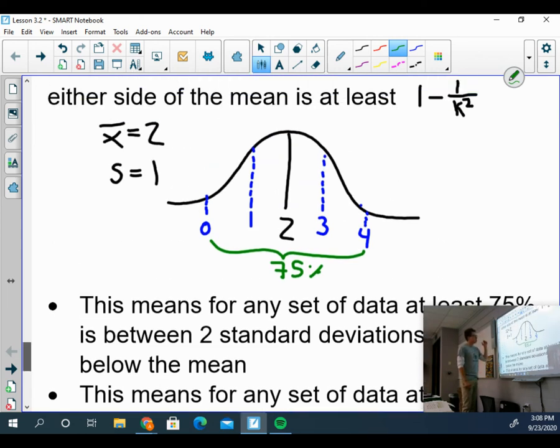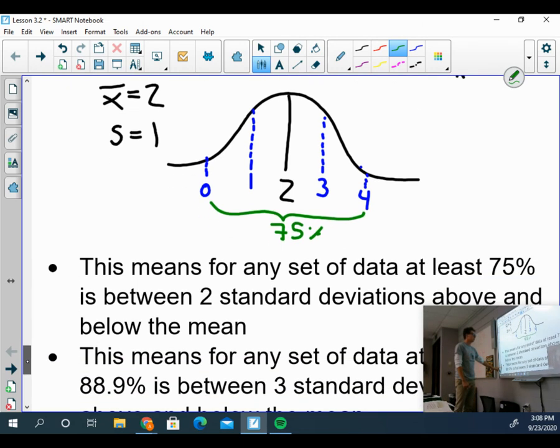So what Chebyshev's essentially says is if your mean is 2 and your standard deviation is 1, and you go 2 standard deviations out to each side, so if I go 2 above, that's 4, 2 below, that's 0, 75% of your data is going to be in between there. Minimum.